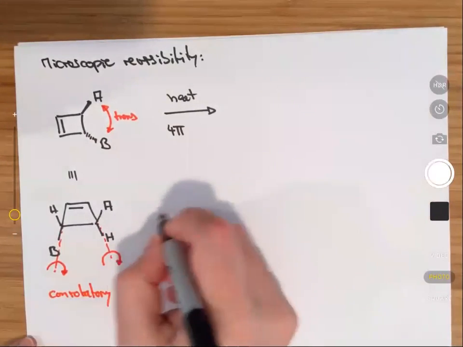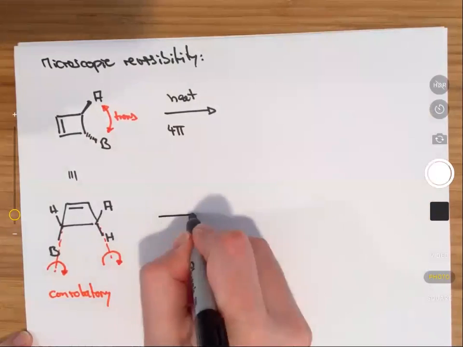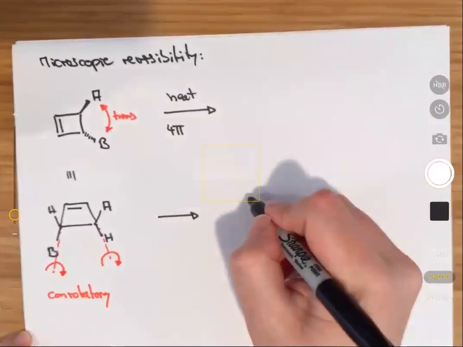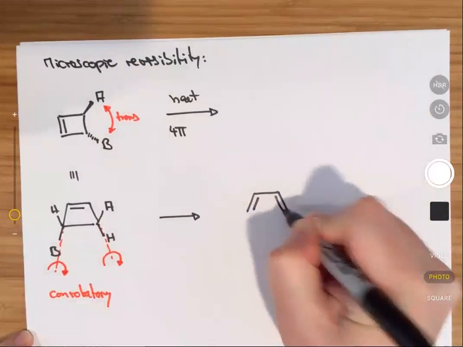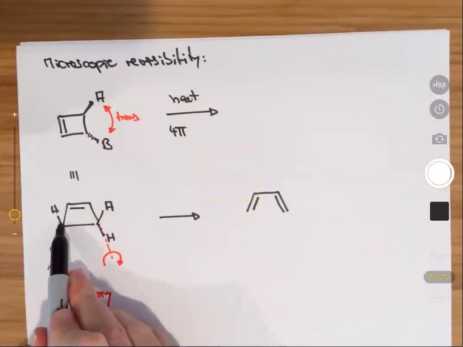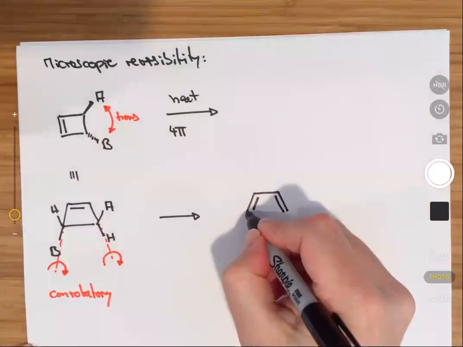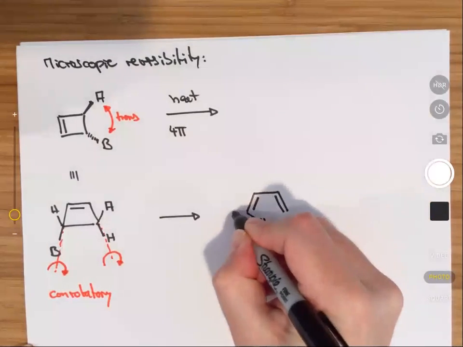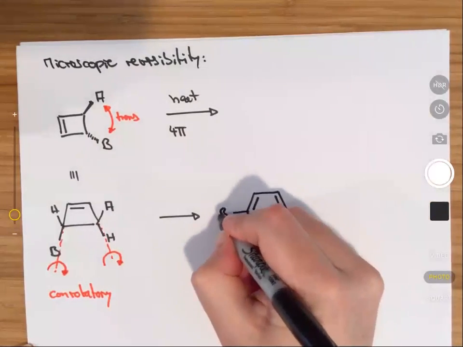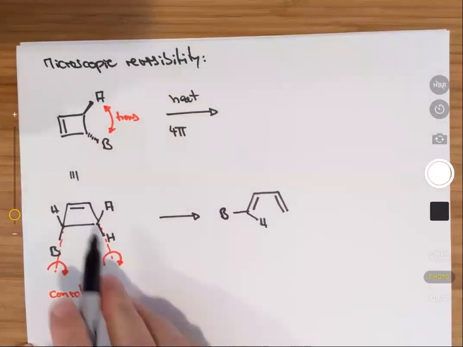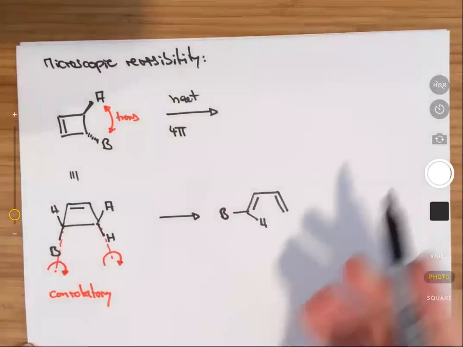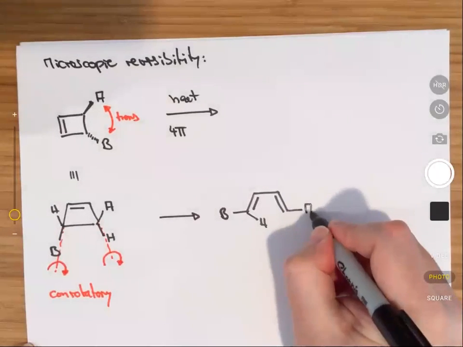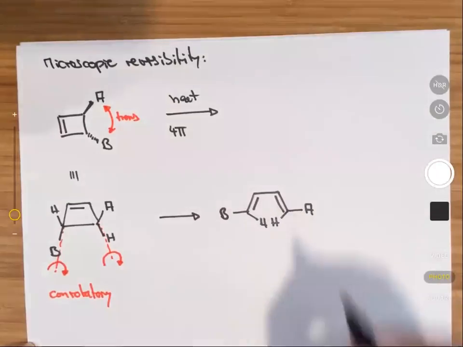Then what we get out of this is going to be the butadiene. If I rotate clockwise here, the hydrogen comes to rest in the middle, and the substituent B comes to rest here on the side. If I rotate around this bond here, clockwise, the A is pointing outside and the hydrogen points to the middle.